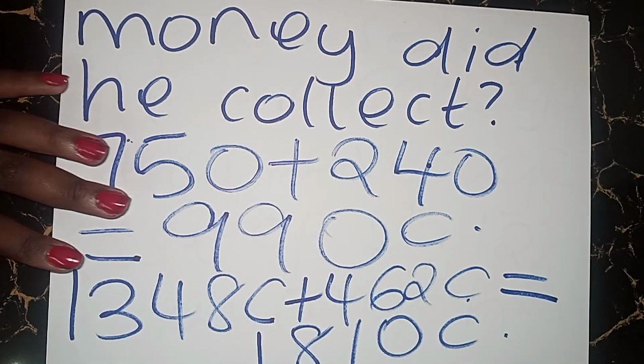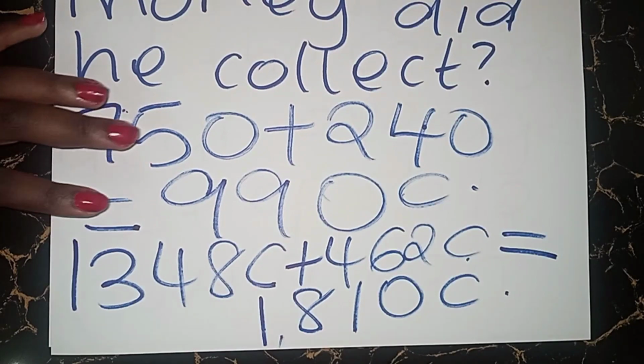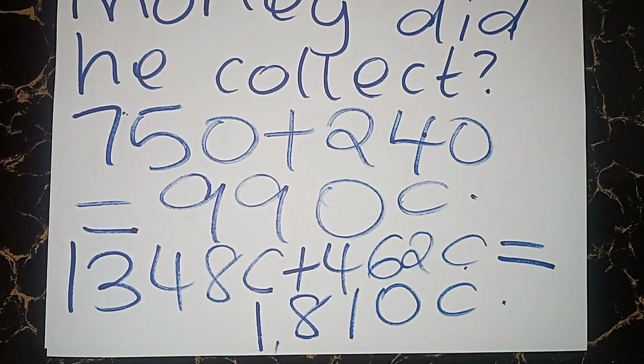So that means that in total he had this plus this, which is 1,810 cabbages. And we've been told to find out how much money he collected in the case that he sold all the cabbages at a price of 12 shillings per kg.